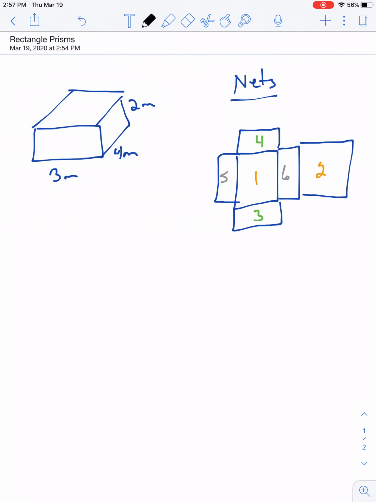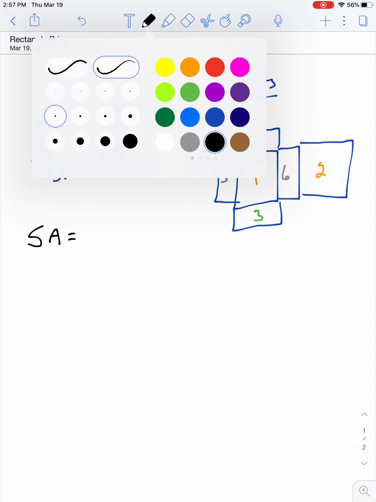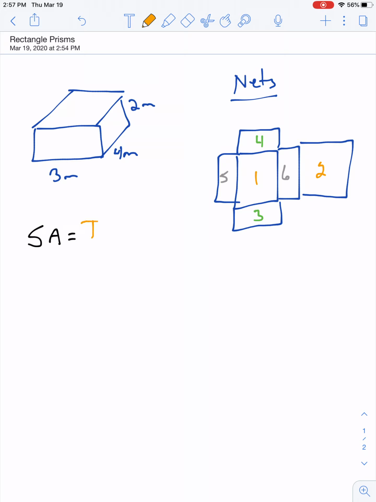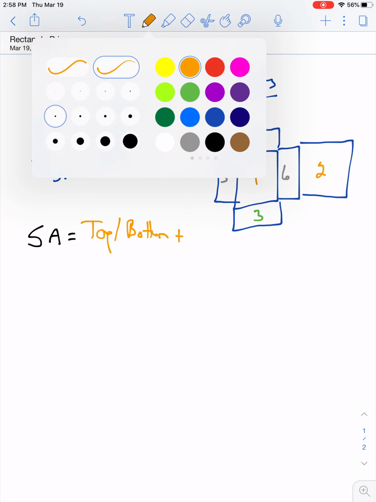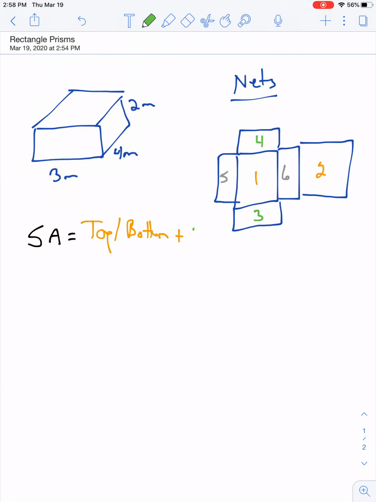And just a reminder, surface area is the addition of all those sides together, right? So if we want to add these pieces together, all I have to do is find the area of each of those pieces. I have to find the area of my top piece and my bottom piece. I have to add that with the surface area of my front and my back.